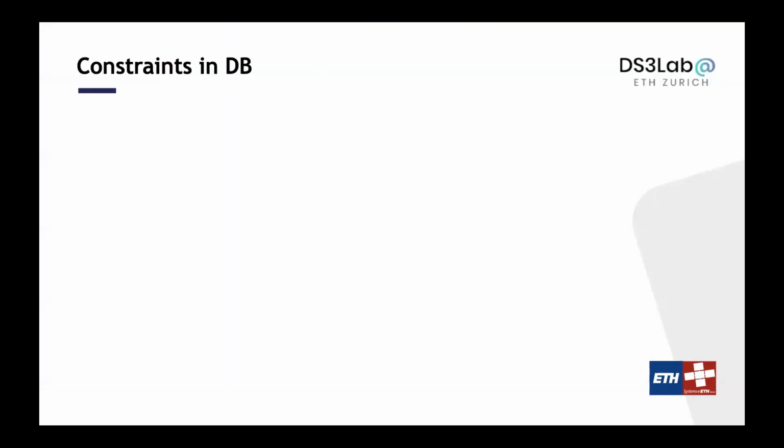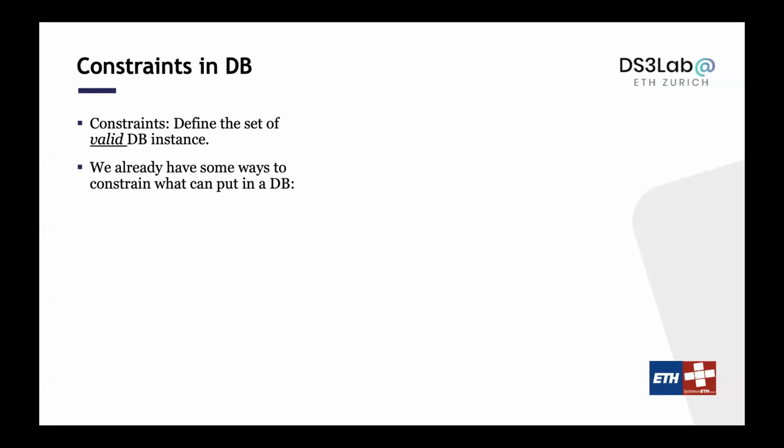Okay, so now let's talk about constraints in databases. So what are constraints? Formally, by constraint, we mean that's one way for us to define the set of valid database instances. And we have been looking at a whole bunch of ways of doing that. For example, there's the key constraint. So every single relation should have a primary key.